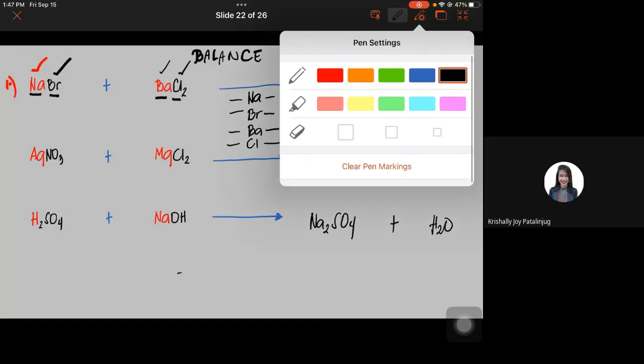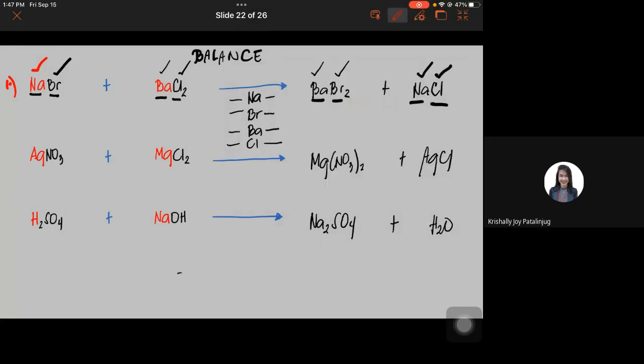And again, based on the consideration, we have to count how many sodium in the reactant, how many sodium in the product side. So that's the first thing that you should do in balancing. Sige, let's try to count, starting with sodium. In the reactant side, on the left, there's only one sodium. How about on the product side? Same, only one.